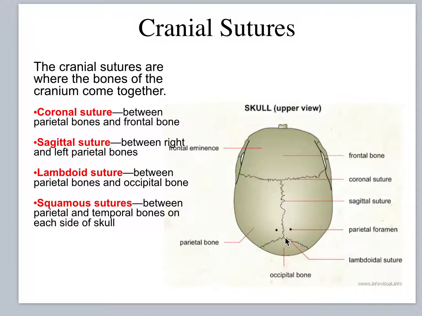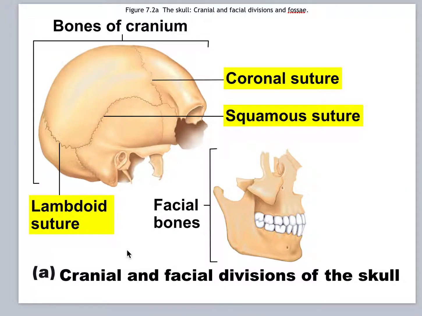This is named after the Greek letter lambda, which has a similar appearance to the letter Y. And it separates the parietal bones from the occipital bones. The 4th suture is the squamous suture, and that's better seen on the side. Here's the squamous suture. It separates the parietal bone from the temporal bone. So you need to be familiar with the 4 different sutures of the cranial bones.